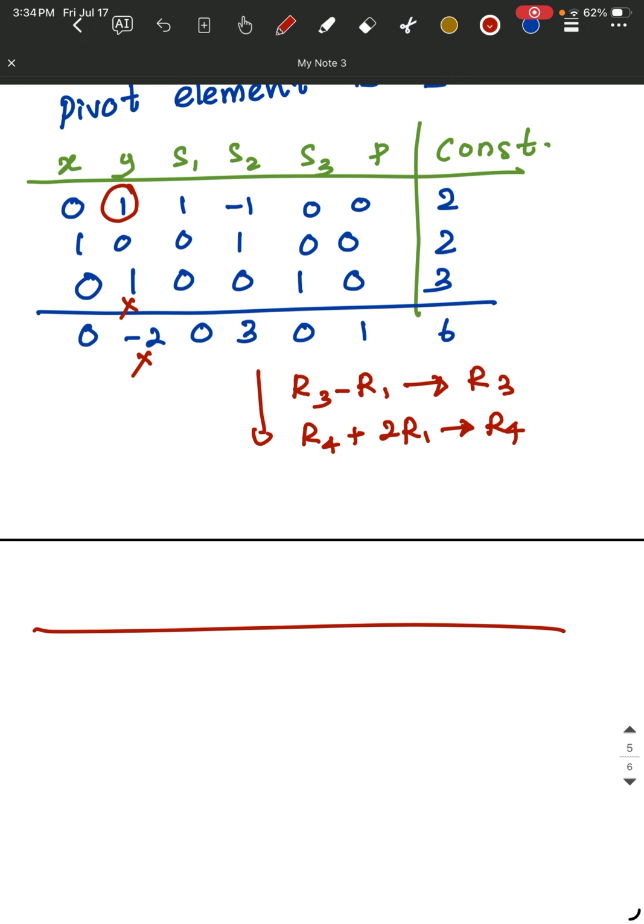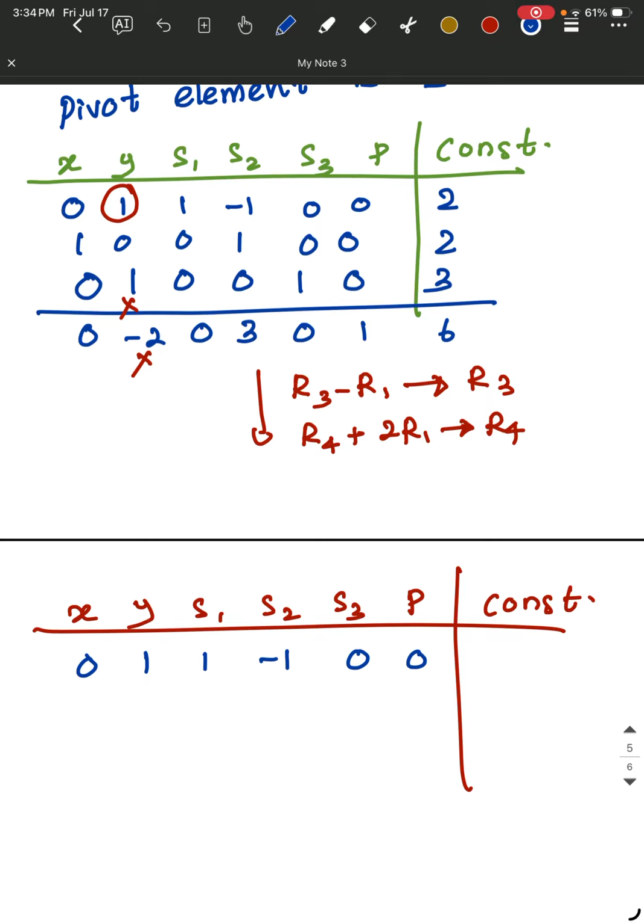We have X, Y, S1, S2, S3, P, constant. R1 remains unchanged. R2 remains unchanged because we have the pivot column entry 0 in R2.